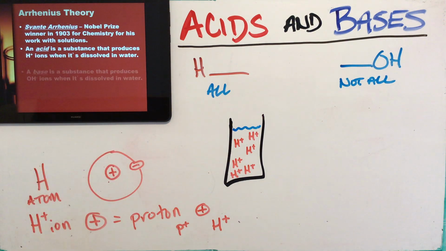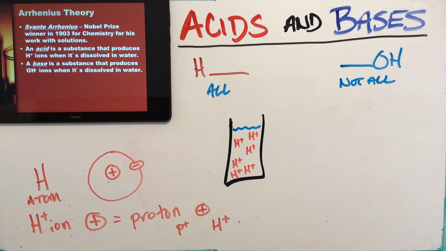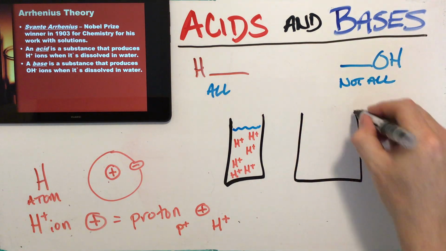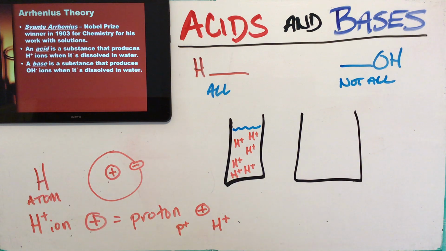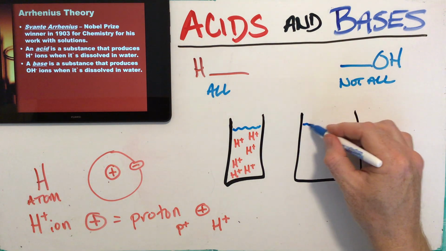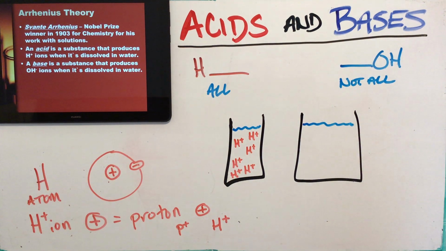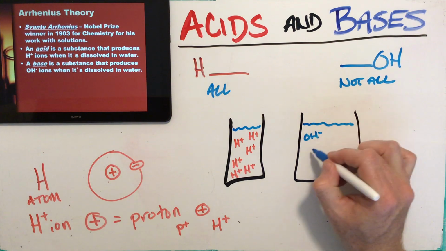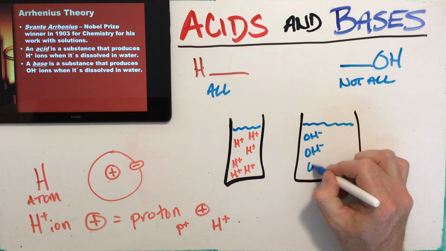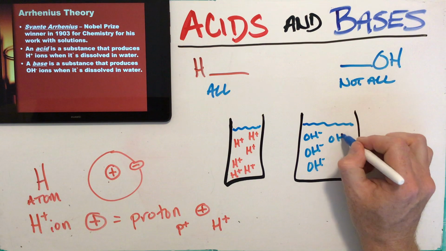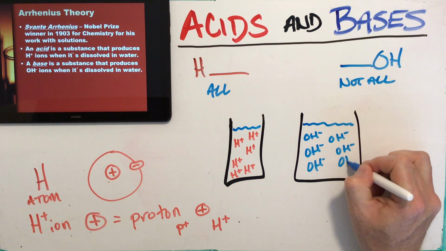Now, Arrhenius said a base, if I put a base in water, will dissolve and produce OHs. And OHs have that 1 minus charge, so there'll be a whole bunch of these floating around in there.